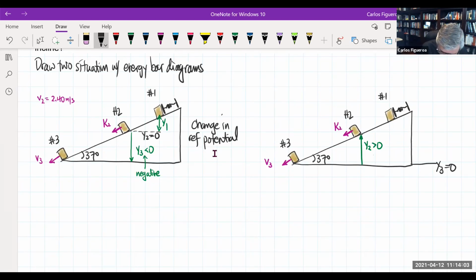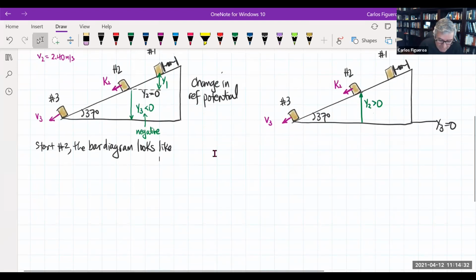Starting at point 2, the bar diagram looks as follows. And remember, the bar diagram is important because it tells us how to write down the equation.